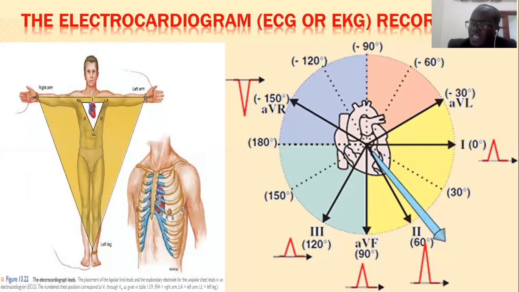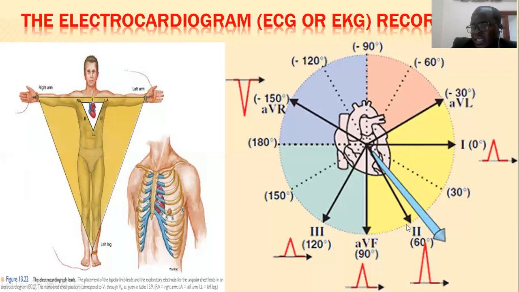So any vector that is found within the normal cardiac axis will give you the normal tracing for the ECG. What do I mean? You can see here that lead 1, if you're looking at this angle, this vector, it's moving more towards lead 1. So it's within this sector where you have lead 1, which is positive. So lead 1 is going to produce a positive deflection.